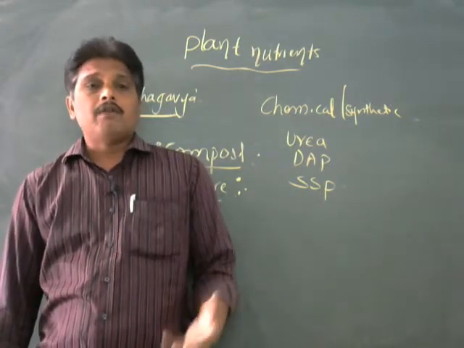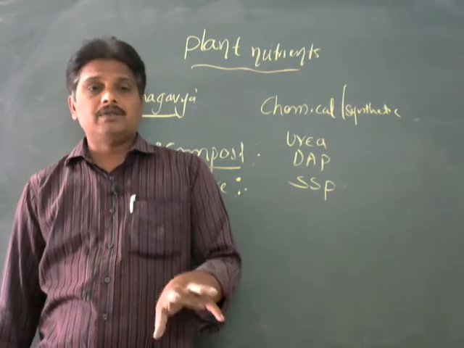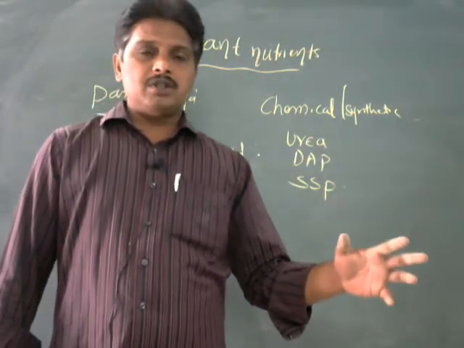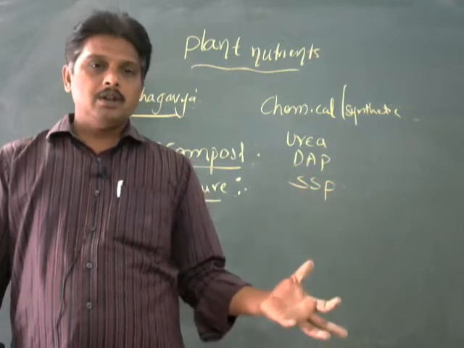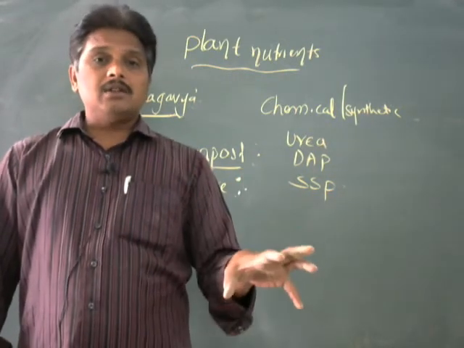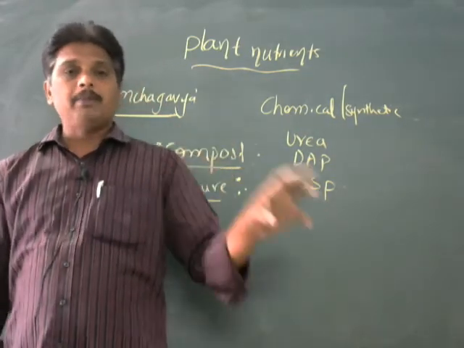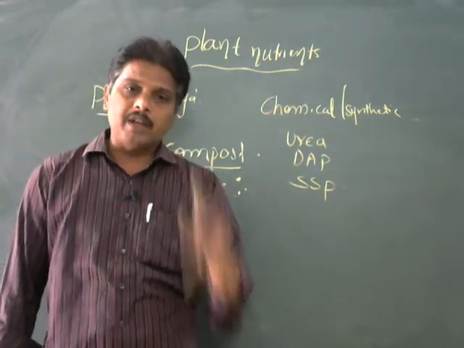Like irrigation, the farmer should also know about fertilizing the crop plants: at which stage of the crop we have to give what type of fertilizer, what type of nutrient. When he knows that giving a certain type of nutrient at an appropriate time will give the maximum yield.